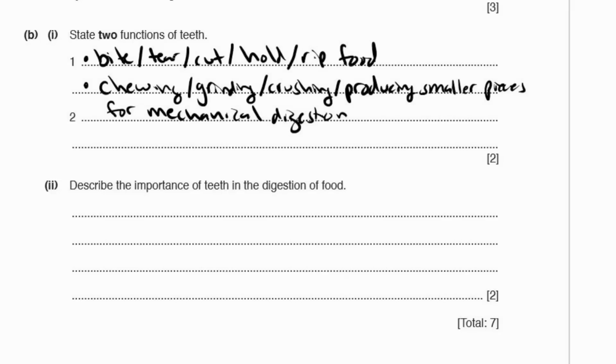So bite, tear, cut, hold, and rip are all very similar processes. Chewing, grinding, crushing, producing smaller pieces for mechanical digestion are also the same marking point.